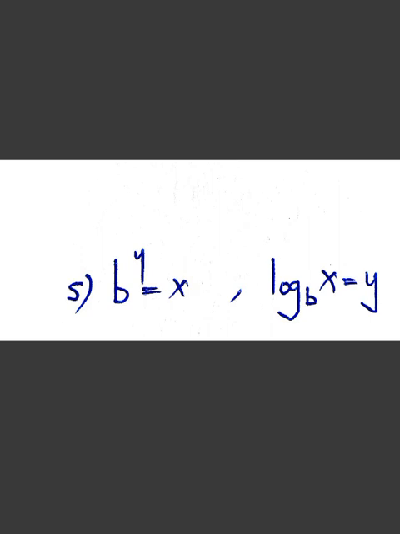It's in exponential form, right? The y is what we call the index, the b is the base, equal to x. So the exponential form here, the b, the y, and the x, can be written in logarithmic form by saying the log of x, and then the b will be the base now. The log of x to the base b equal to y.